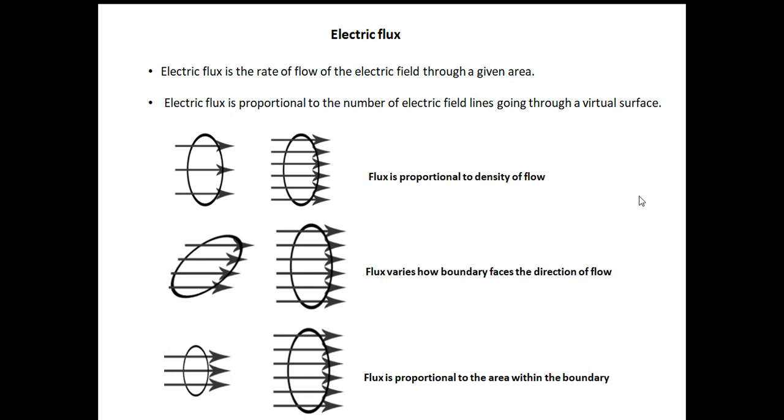If you get confused, imagine a water flow, keep some ring in it and see how water flows through that ring, or you can do it practically and see how the flux changes. Then flux is also proportional to the area within the boundary. If my imaginary virtual surface is small, the flux will be smaller. If my imaginary surface is big, flux will be big.